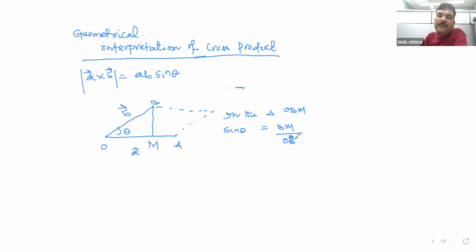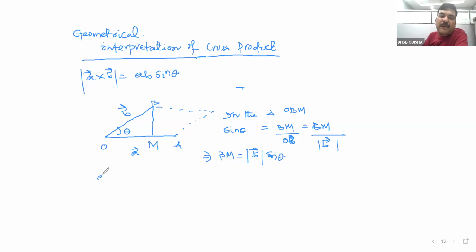This is equal to BM upon OB, where OB is the magnitude of vector B. This implies BM is equal to B mod into sin theta.